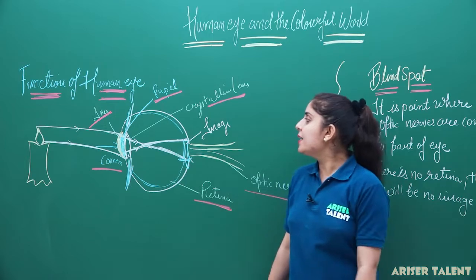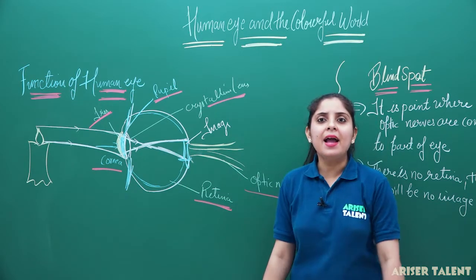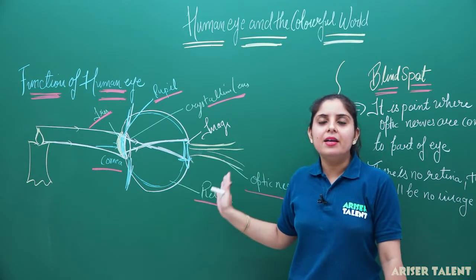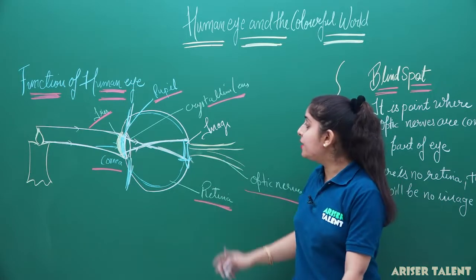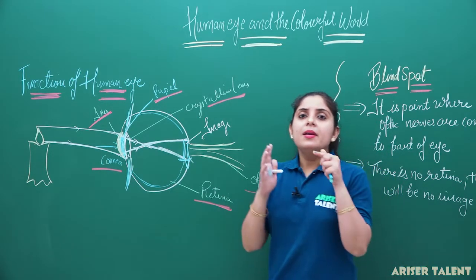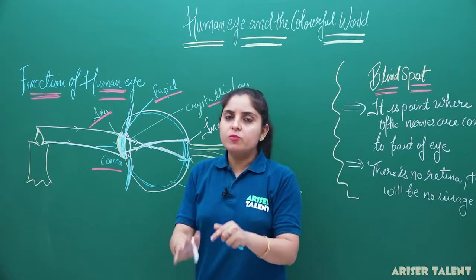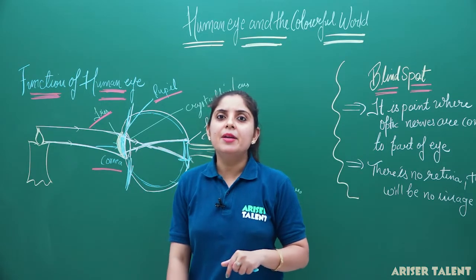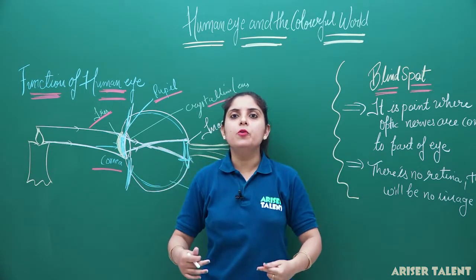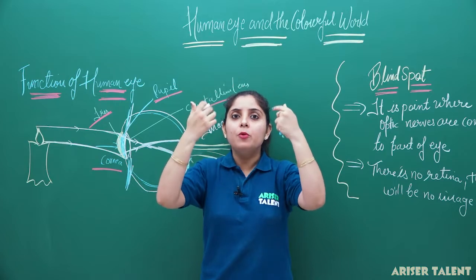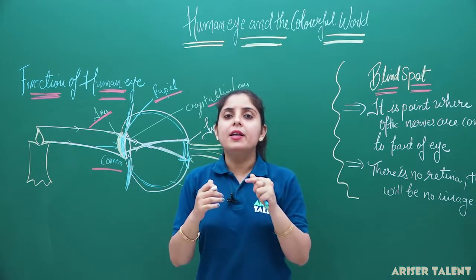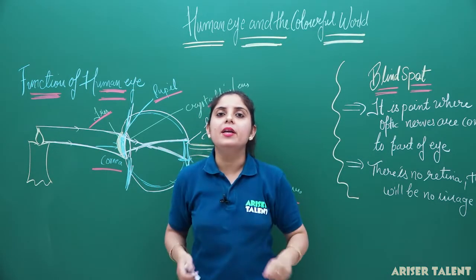Now, what you will see is that we are getting an inverted image here. It is an inverted image. So, whenever you see any object, do you get an inverted image or not? If I am standing in front of you, or I am seeing any object in front of me, is it a real one or the inverted one?